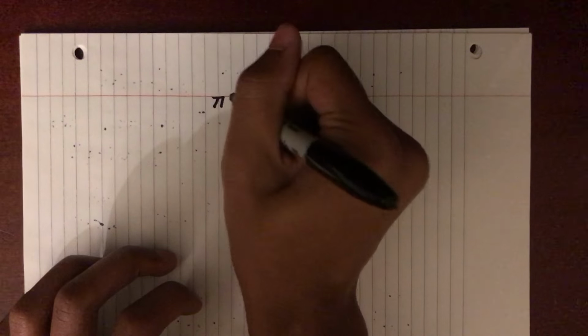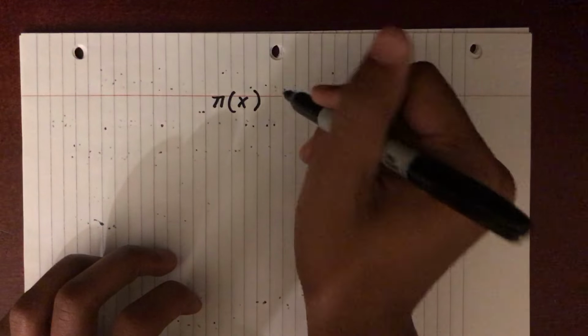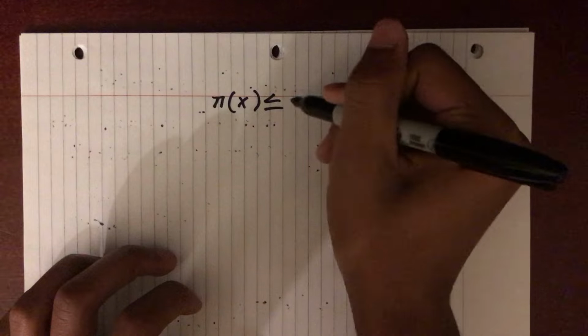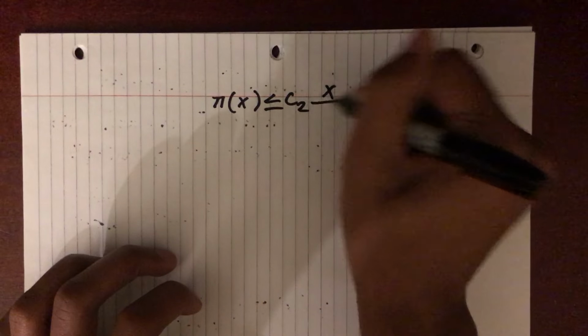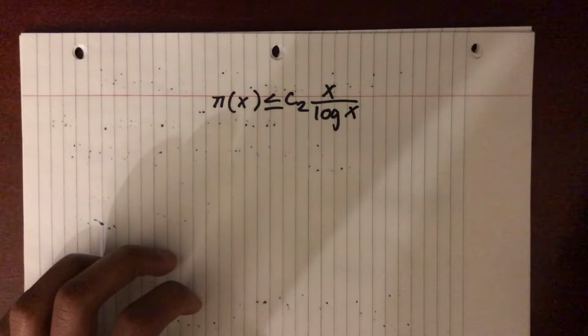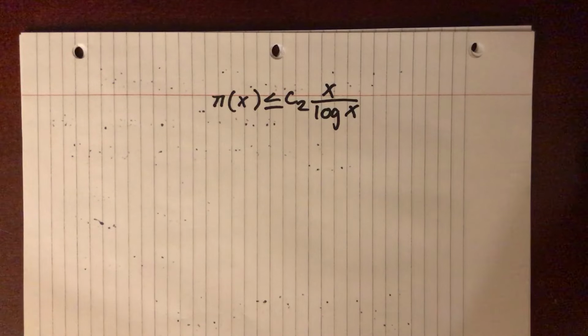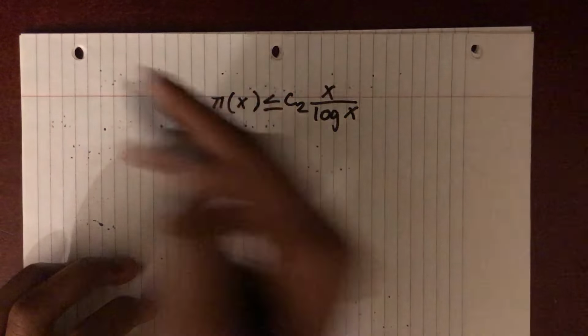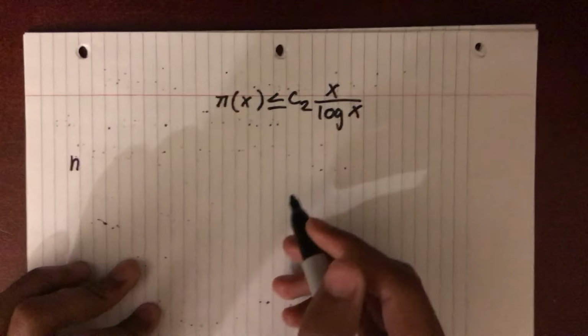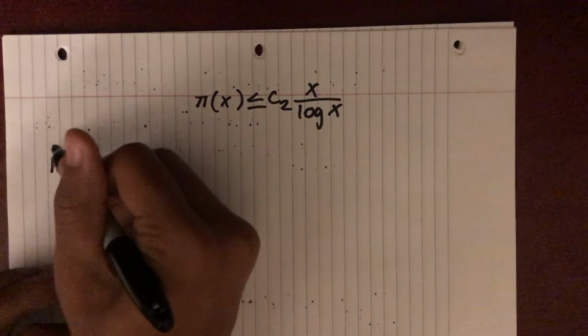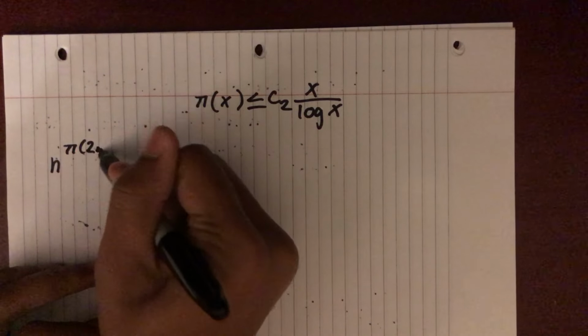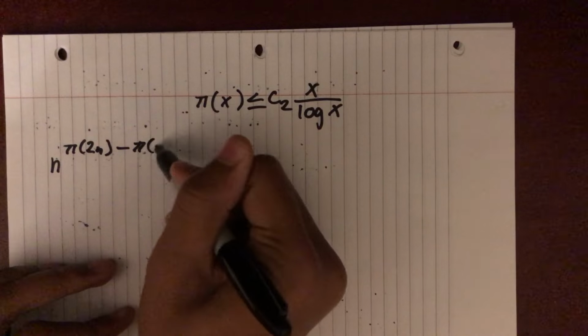So for this video, I will say we want to prove the upper bound on pi of x, C2 x over log x. And so to start off, we're going to think about the number n to the pi of 2n minus pi of n.